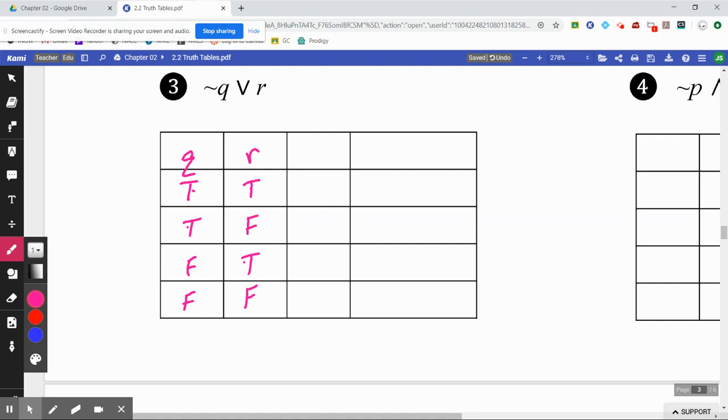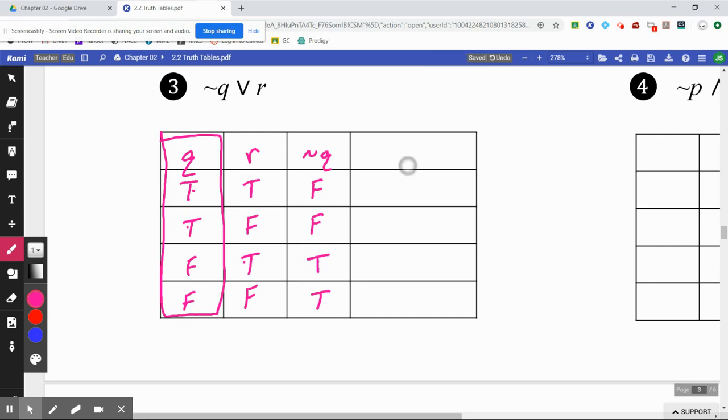That's every scenario. Then you're going to have a column for not Q. If Q is true, then not Q would be false. If Q is false, then not Q would be true.